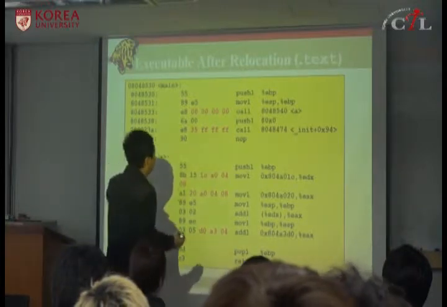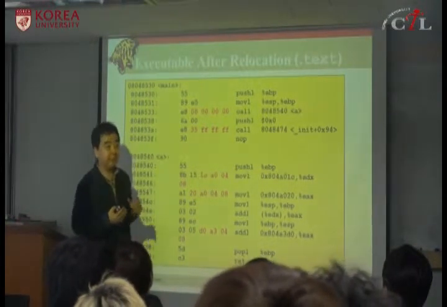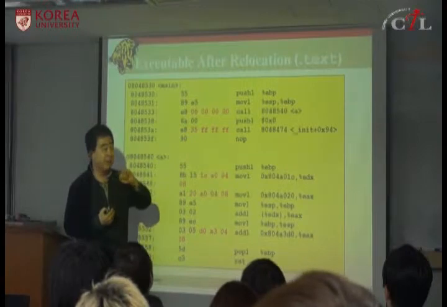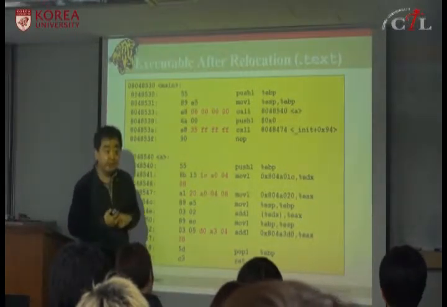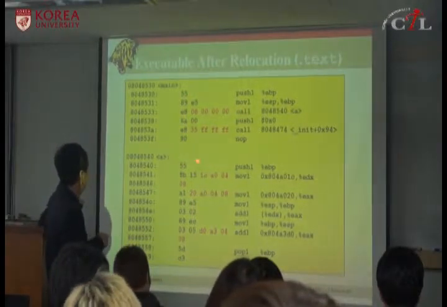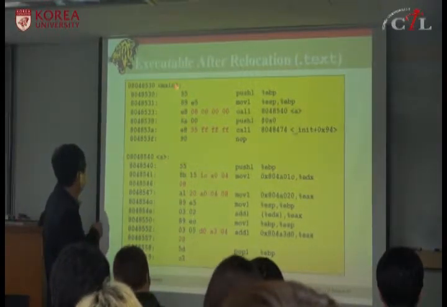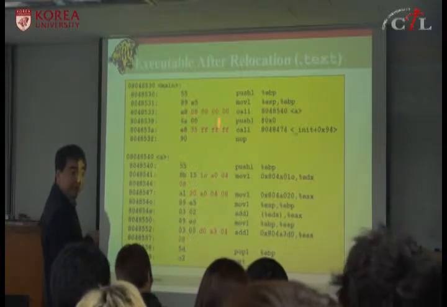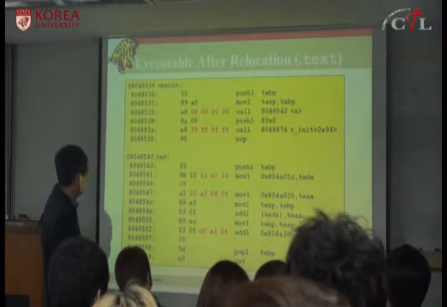Okay, so linker combines this text segment together from m.o and a.o, and they merge together. Okay, so this is m.o and this is a.o. They allocate contiguously in the memory.